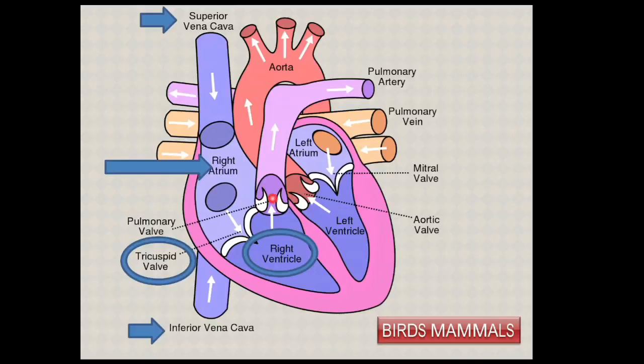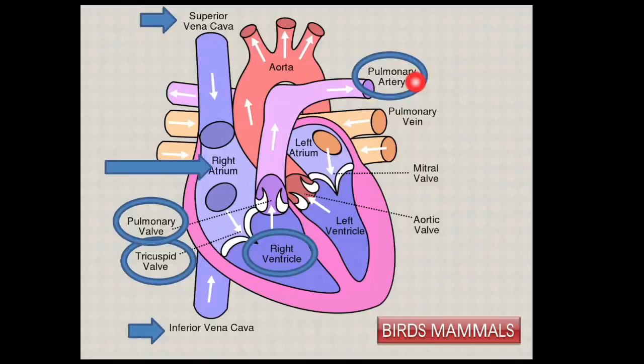Now here we have the semilunar valves, also called the pulmonary valve, through which the blood goes to the lungs. From the right ventricle, the blood goes into the pulmonary valve, and through this valve it reaches the pulmonary artery. You must have heard of this fact, that this is the only artery which has deoxygenated blood.